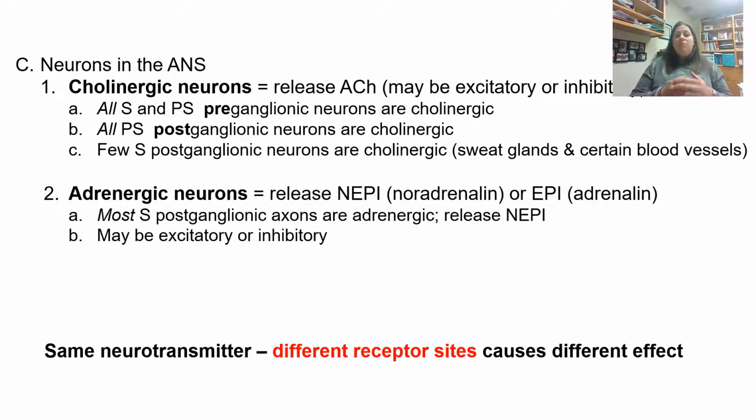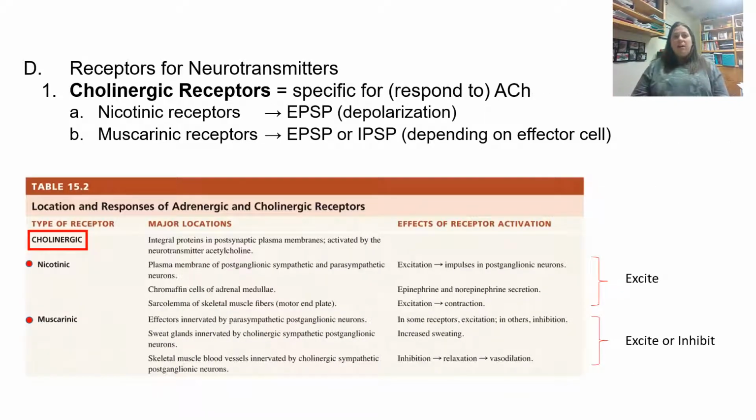So guys, the same neurotransmitter can give a different signal based on the receptor that's present. Some receptors are going to cause it to excite that organ, and other receptors are going to cause it to inhibit that organ. So when we look at receptors for neurotransmitters, we see cholinergic receptors are going to be specifically responding to acetylcholine.